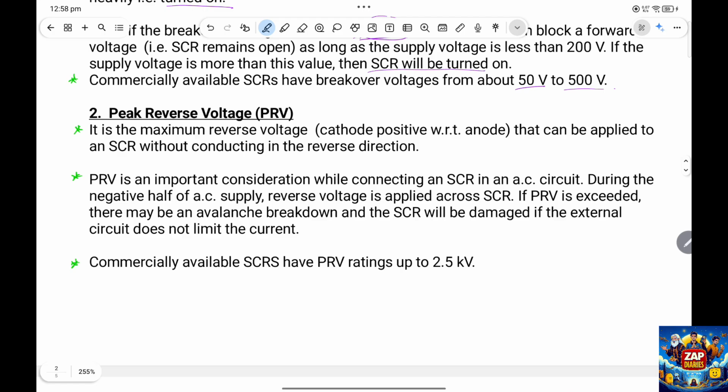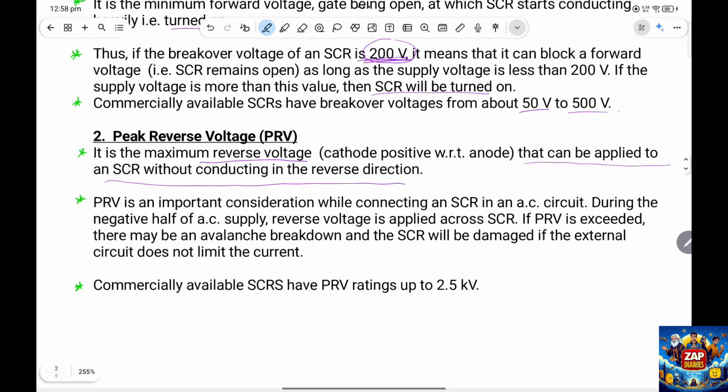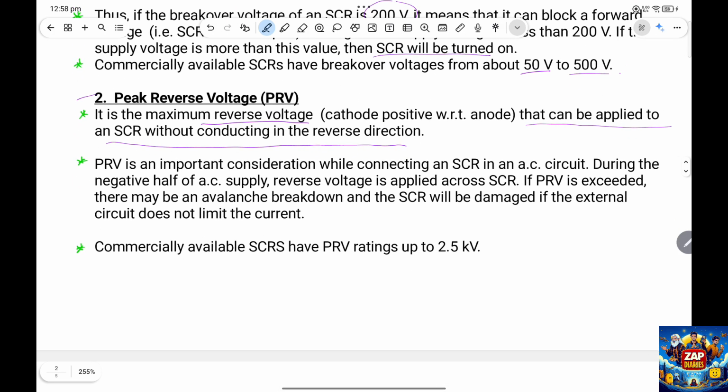It is the maximum reverse voltage that can be applied to the SCR without conducting in the reverse direction. This is for the reverse bias stage, in which we interchange the anode and cathode supply, so we just reverse the polarity.